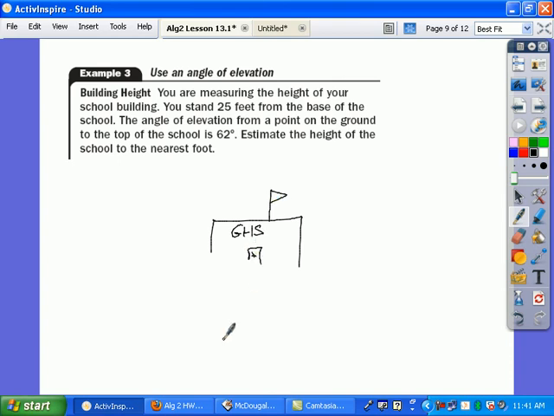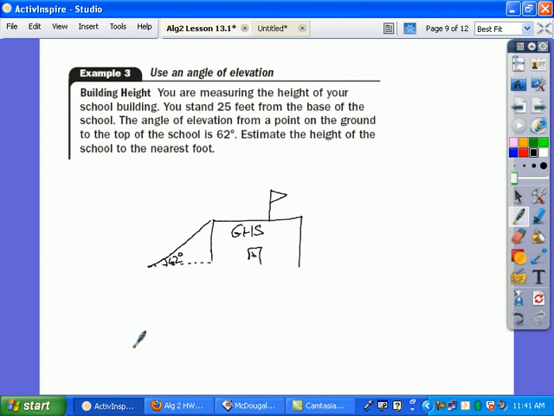And we measure up here to the height, and we get a 62-degree angle of elevation. Angle of elevation means, as I'm looking horizontally, and then as I look up, that gives us an angle of elevation. So 62 degrees, and we want to know the height of the school. We can call this height x.